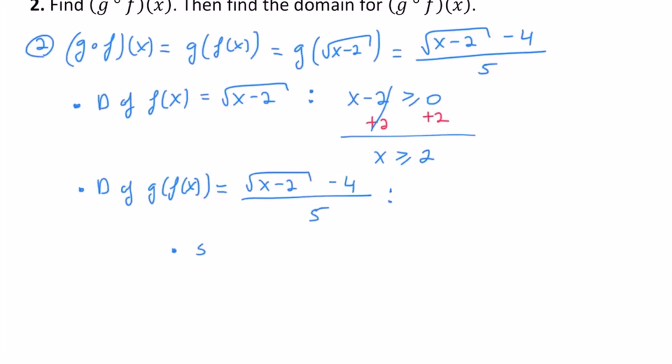The denominator 5 cannot equal 0, but this is true, so there's no restriction here. The second one we have is the square root. Inside the square root needs to be greater than or equal to 0. So add 2 over. So x is greater than or equal to 2.